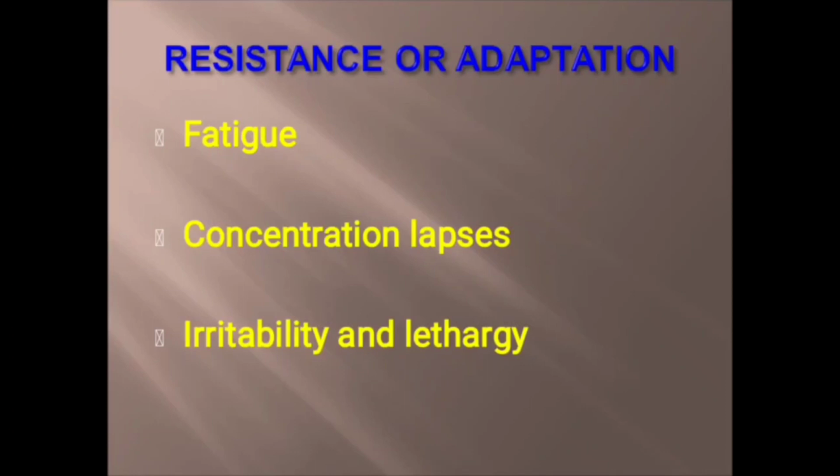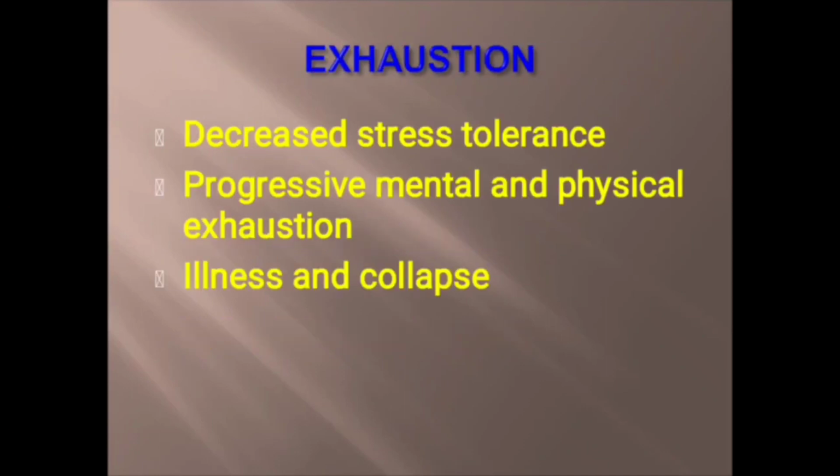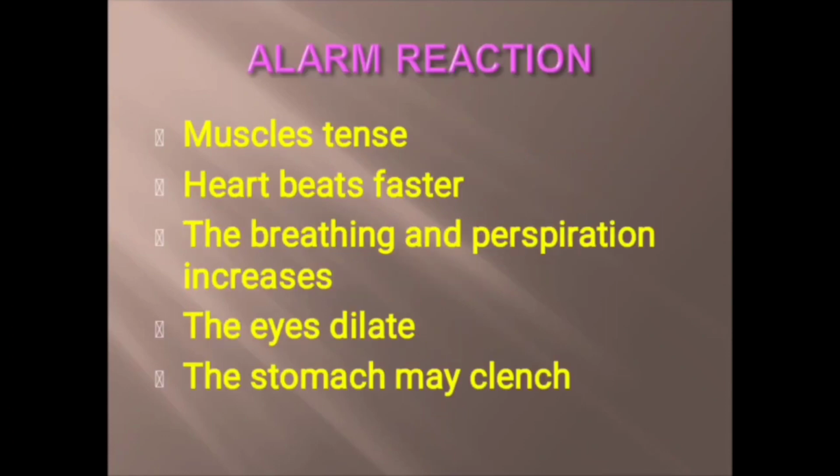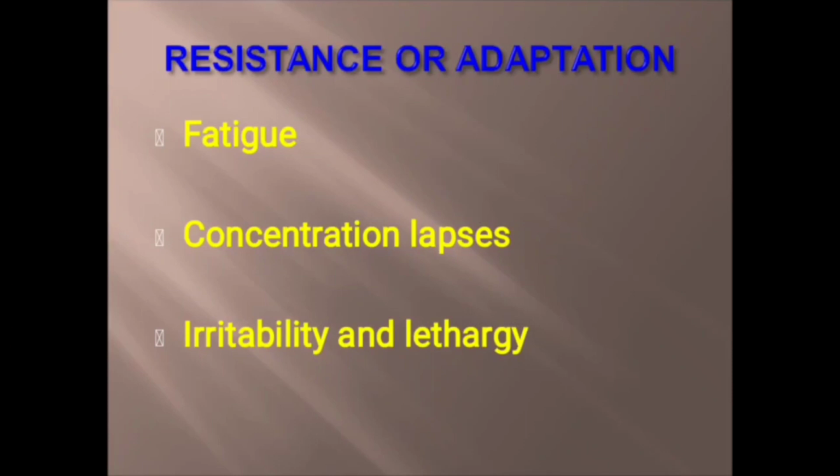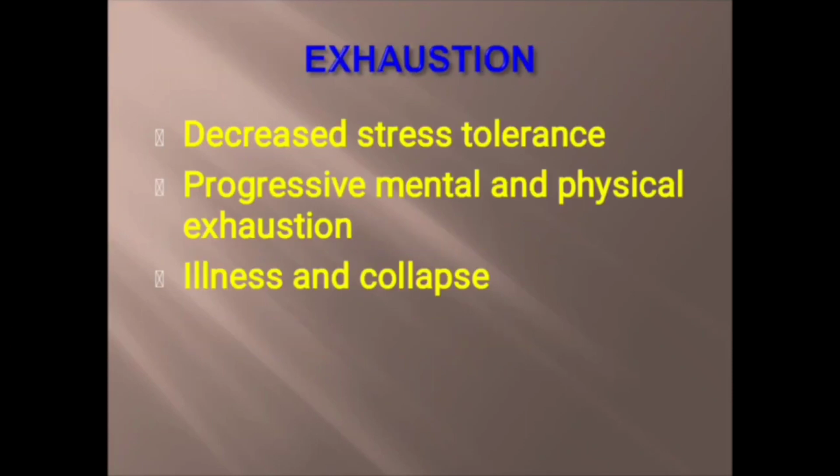Fatigue, concentration lapses, irritability, and lethargy. Exhaustion: decreased stress tolerance, progressive mental and physical exhaustion, illness, and collapse. These three stages, alarm reaction, resistance or adaptation, and exhaustion, are the main key terms of the general adaptation syndrome.